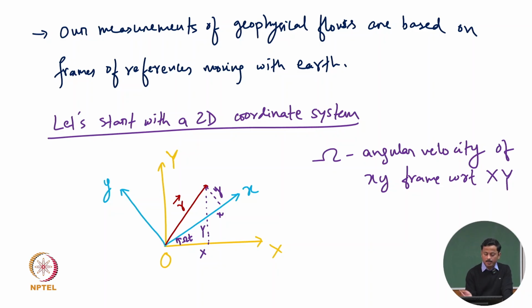The angle theta that small x has made with capital X is omega t in time t. This is also the same angle small y has made with capital Y.